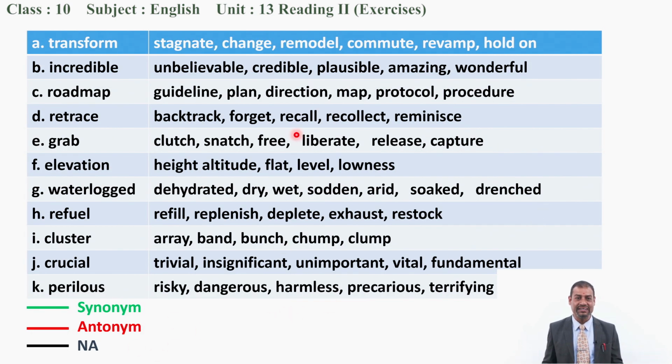Now I am going to show you a list of words. Now you can find here transform. So here is a list of words and you have to find out: stagnate, synonym or antonym? Change, synonym or antonym? Remodel, synonym or antonym? Commute, synonym or again antonym? If not, then NA, okay?